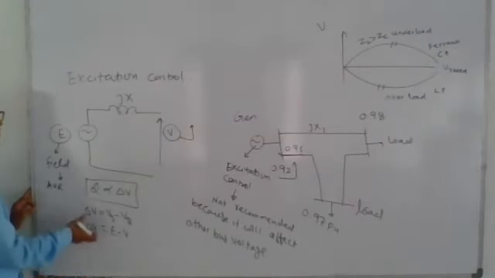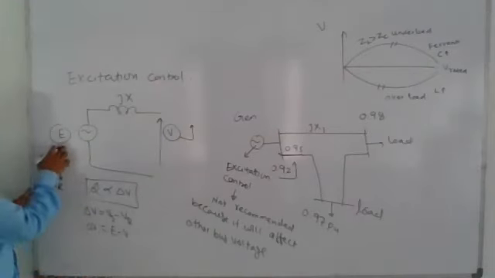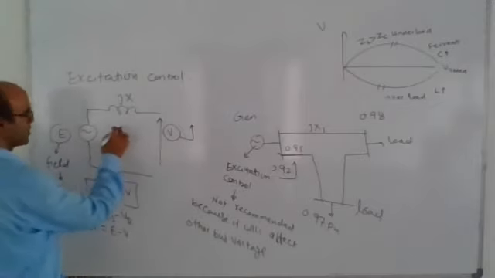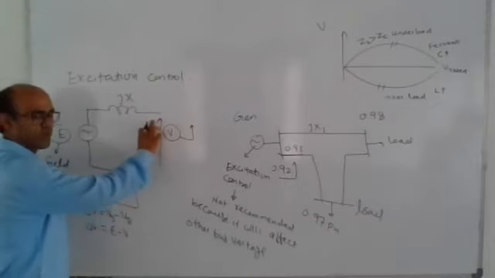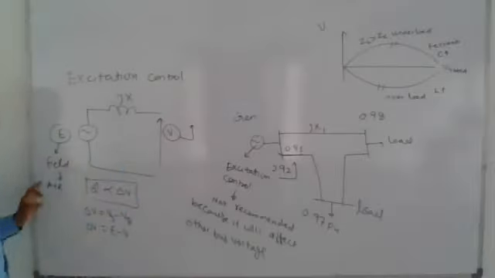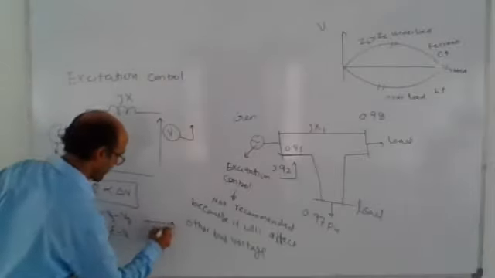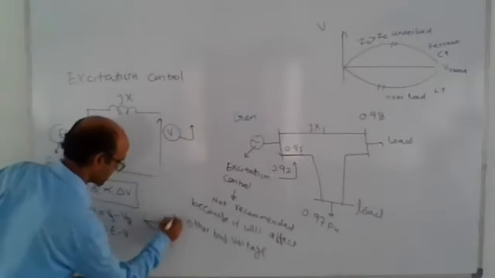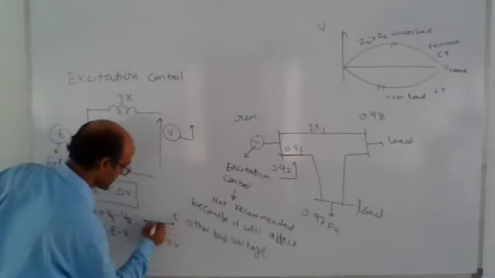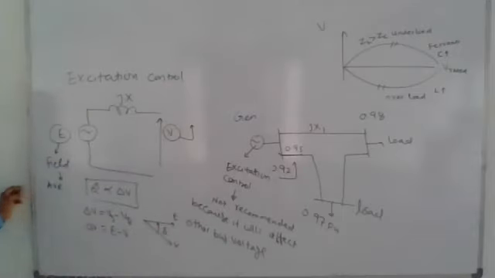So the excitation voltage will change, and this voltage will change according to the drop. And we know the angle between E and V is delta, which is the torque angle, voltage angle or power angle.